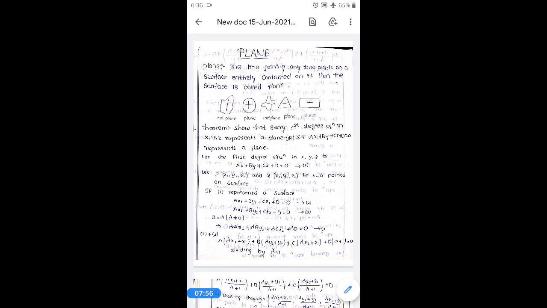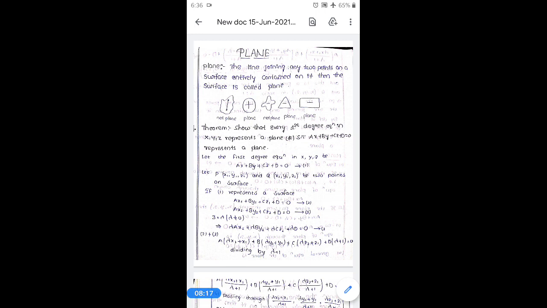This implies A into (lambda x2 plus x1) plus B into (lambda y2 plus y1) plus C into (lambda z2 plus z1) plus D into (1 plus lambda) is equal to 0.